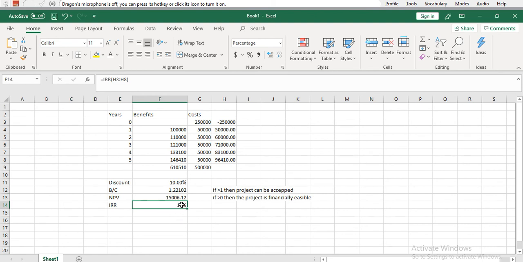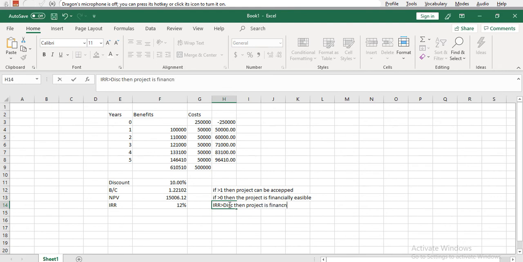If the IRR is greater than the discount rate, then the project is financially feasible. Okay, this is how we calculate these ratio values, and we decide about the financial feasibility of the project.